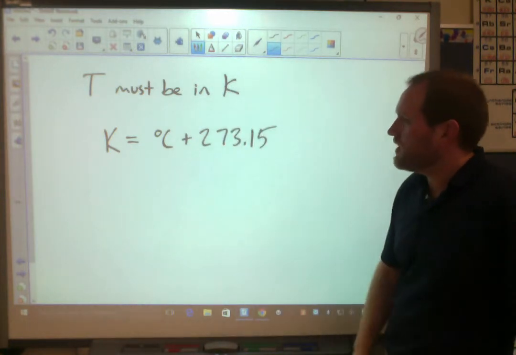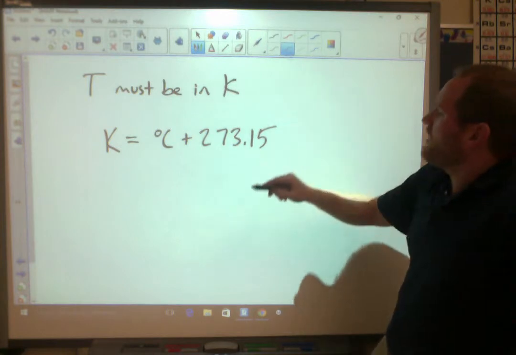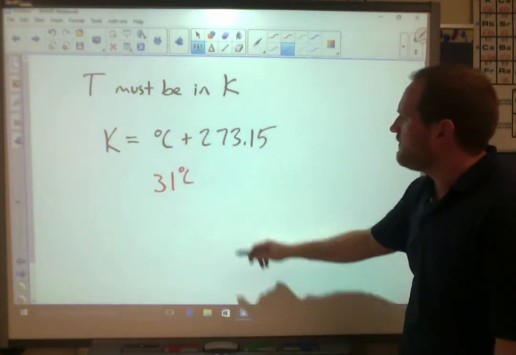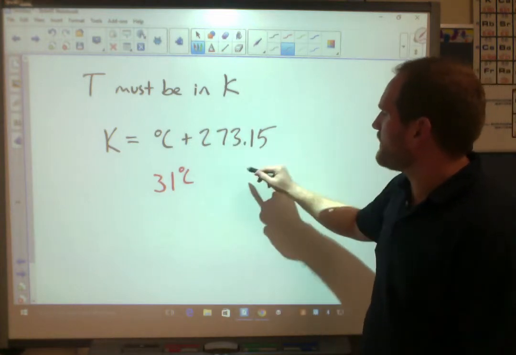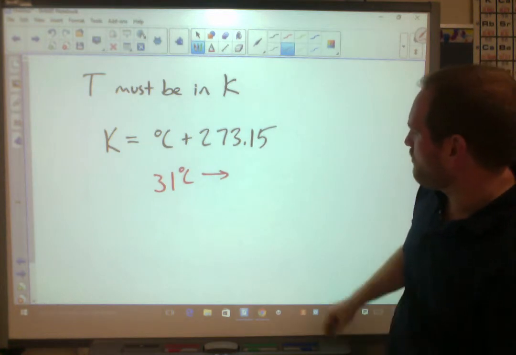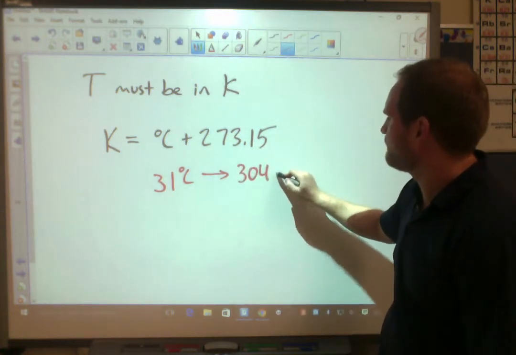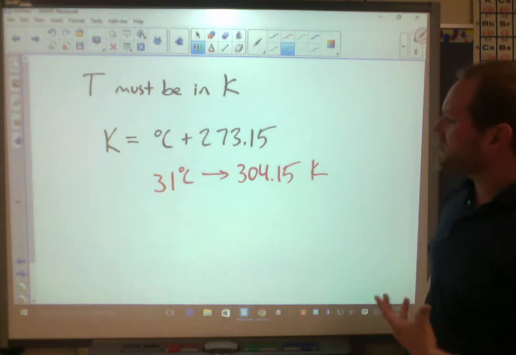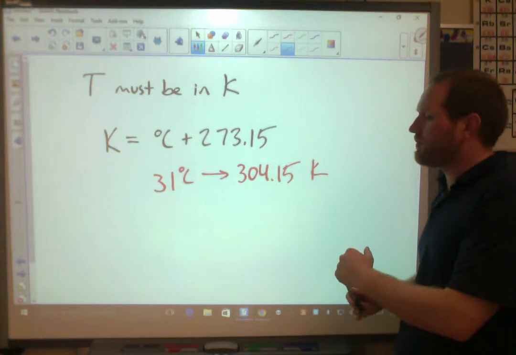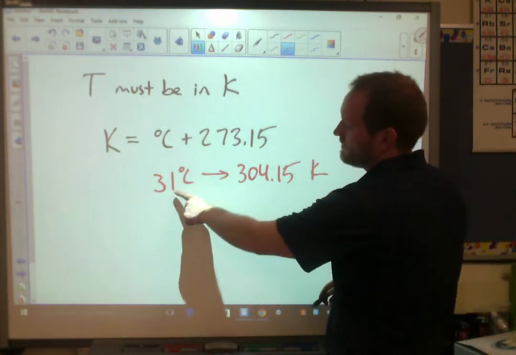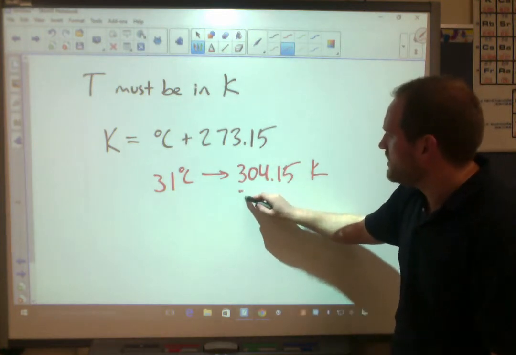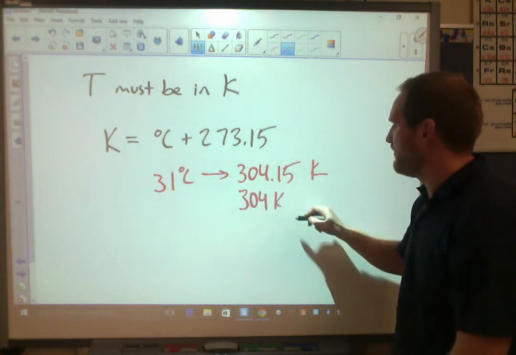273.15. Now, just as a little shortcut here, if I tell you something like, let's say 31 degrees Celsius, if you add 273.15, that's going to give you 304.15. But you're going to actually report this with how many sig figs here? We don't really think about sig figs, we think about decimal places. So this is 0 decimal places, or in other words, rounded to the nearest whole number. So that's just going to be rounded to 304 Kelvin.